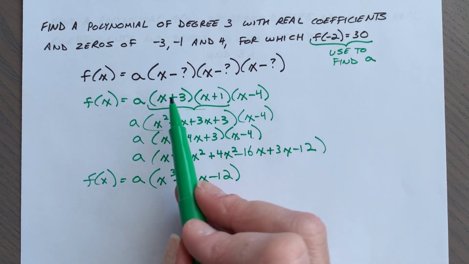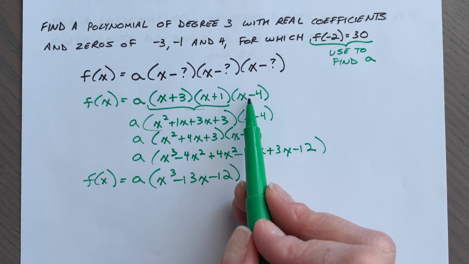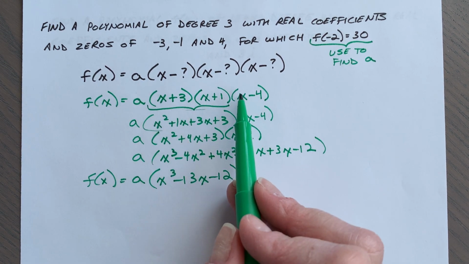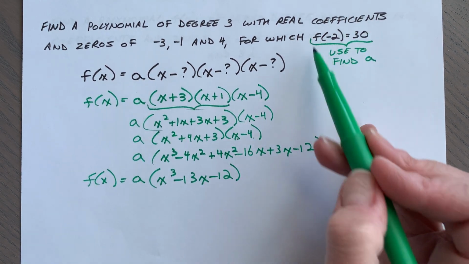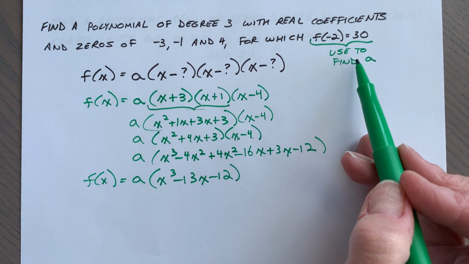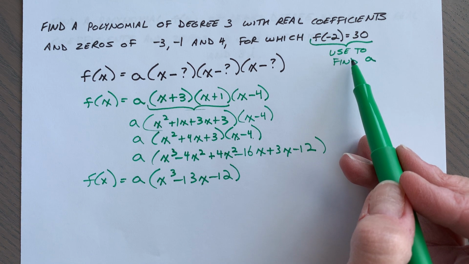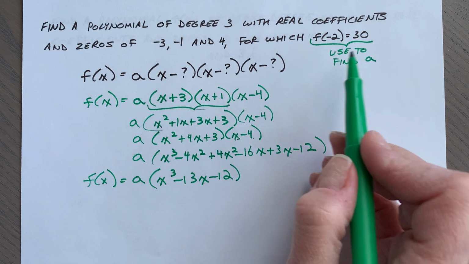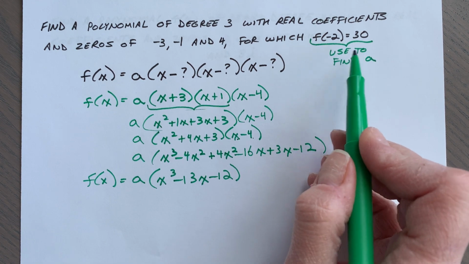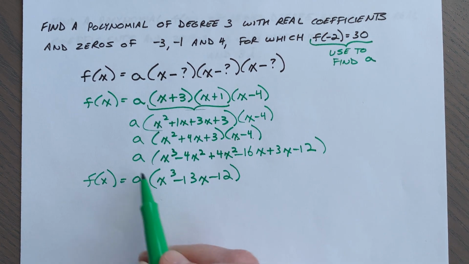We know where it crosses the x-axis, at all these real 0 values. But without this information, we don't know if it's been reflected across the x-axis or if it's had a vertical stretch or shrink. Now we're going to bring this in to figure that part out, to see what this a value is.